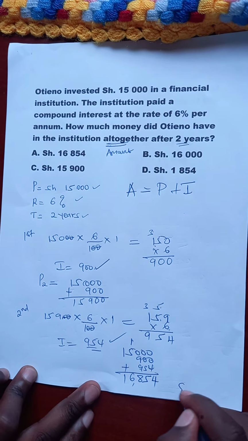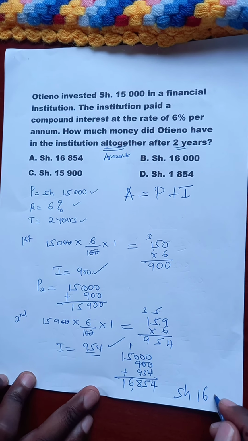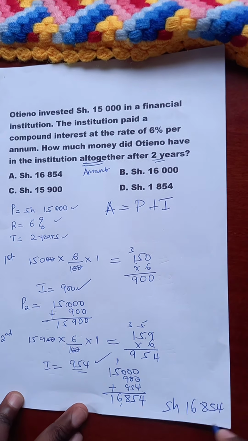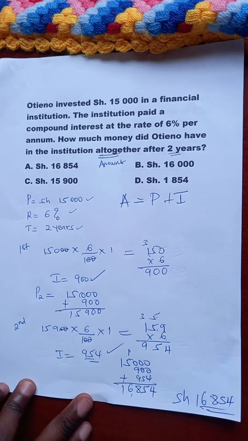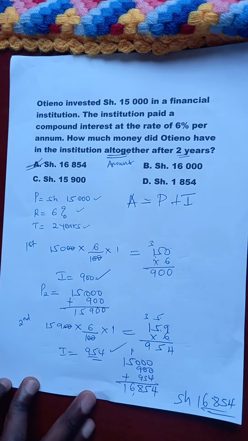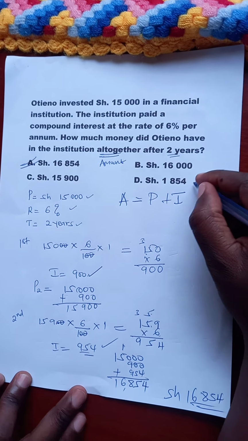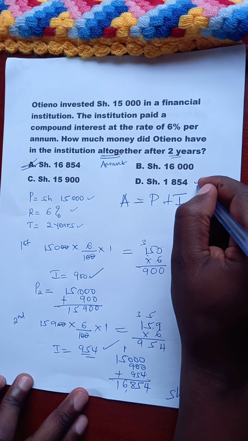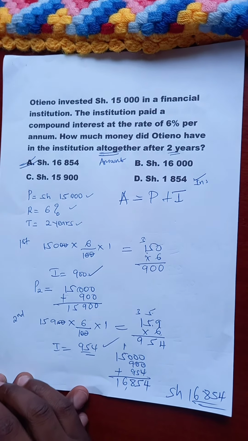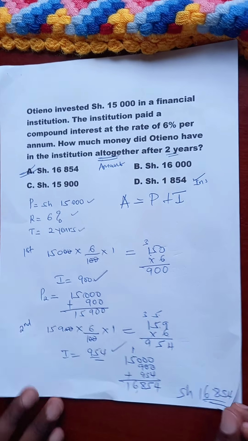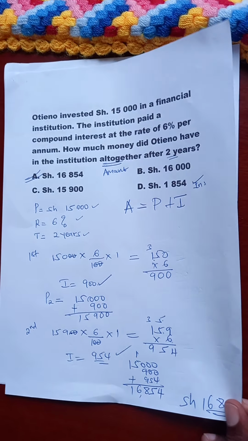Drop 1. You get shillings 16,854. Learners, the correct answer was A. Learners, there are those who settled for D, representing interest alone. Thus, our answer is A.